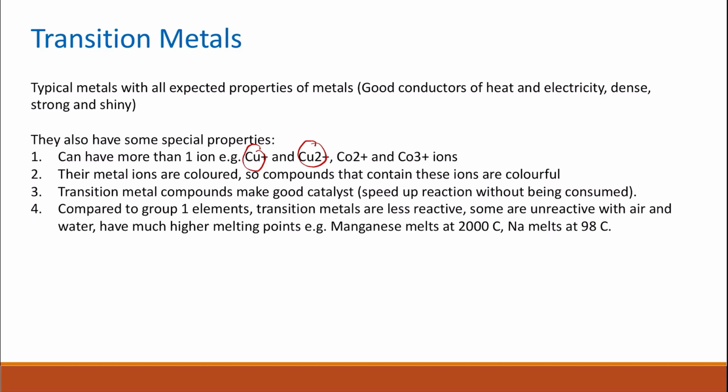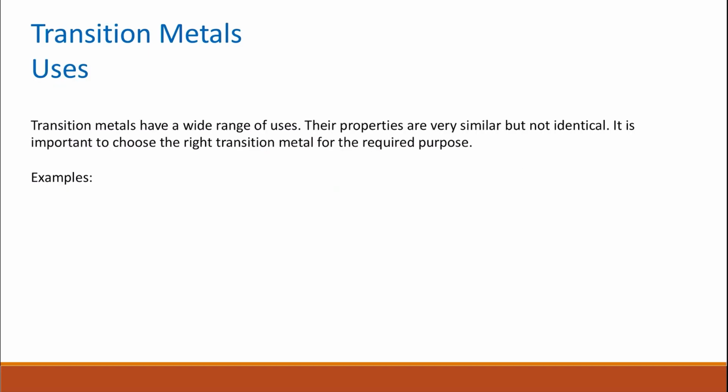So, for example, they mostly don't react with water and with oxygen, unlike group 1 metals. They also have much higher melting points compared to the other elements. Because the transition metals have very unique properties, they have unique uses as well.